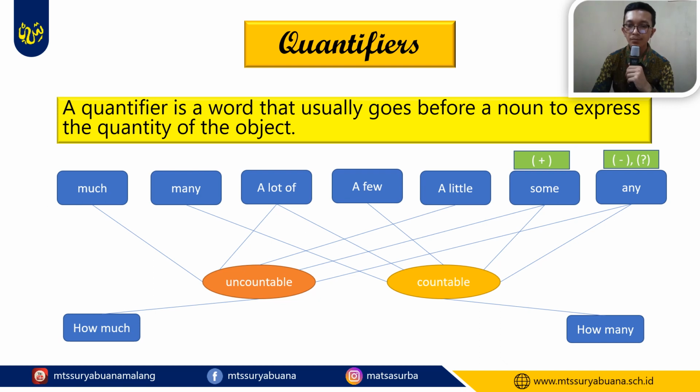Any is only used in negative and interrogative sentences or questions. How much is only used in the form of questions or interrogative. It's also the same with how many. How many is only used in question form or interrogative.